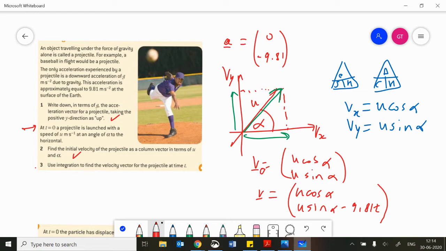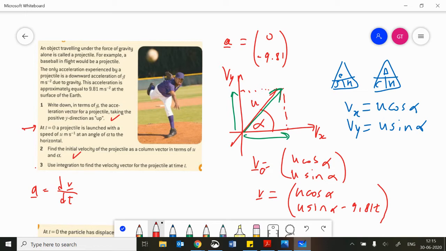So now if we use integration, how do we do that? Well, first of all, we know that acceleration is equal to dv/dt. It's the derivative of your velocity vector, the rate of change of the velocity.